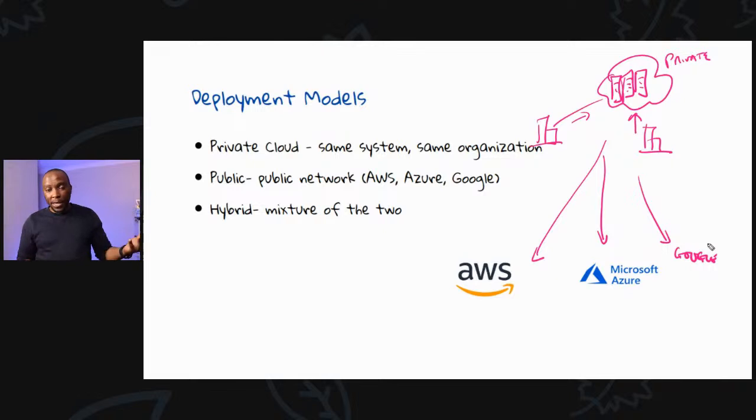So there are challenges with public cloud infrastructure. It might be scalable, might be cheaper, but from a privacy standpoint, you don't have much control.